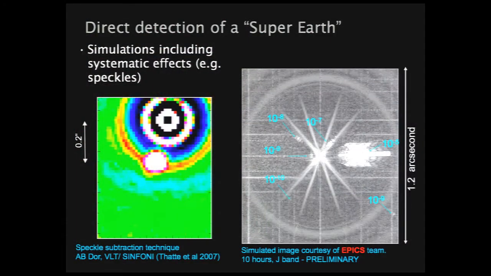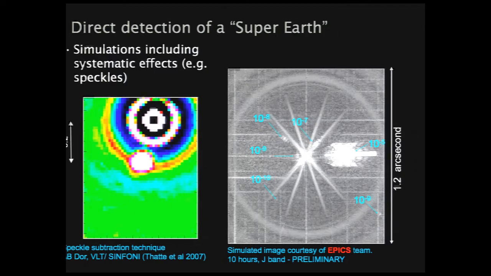pushed back by these fantastic results. To detect planets, you have to be able to first suppress the light of the parent star. First you want to have it corrected with adaptive optics so it's as close as possible to a diffraction limited image.